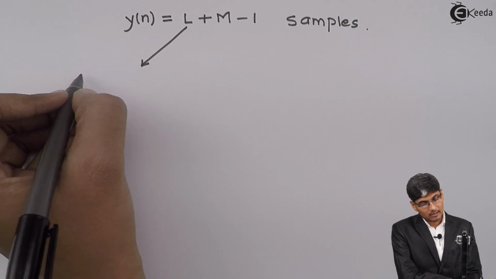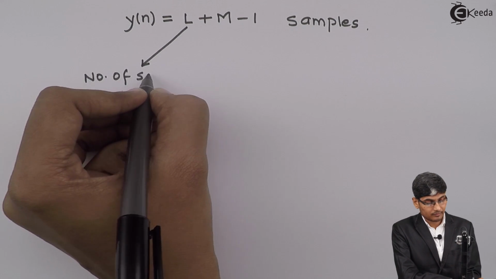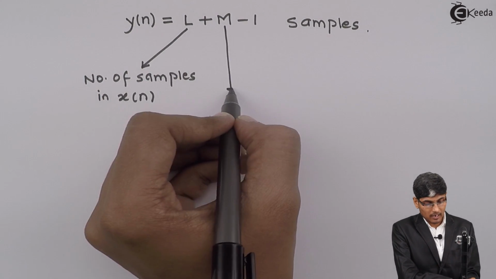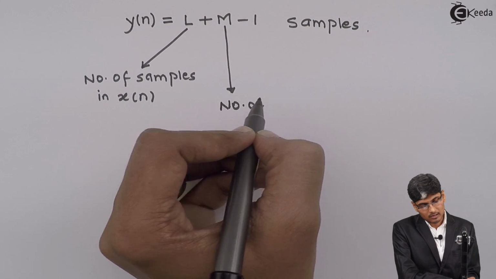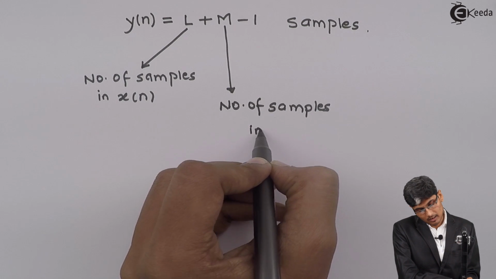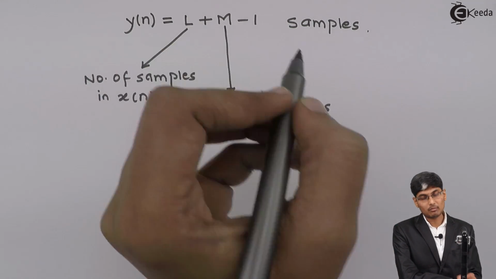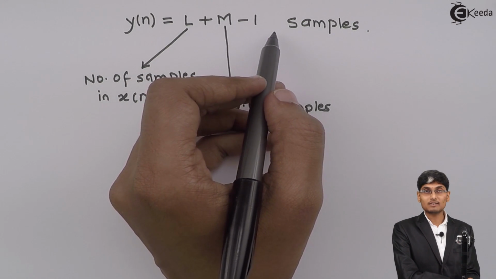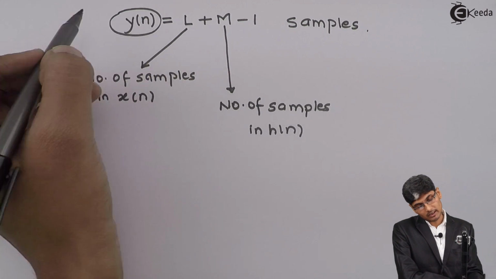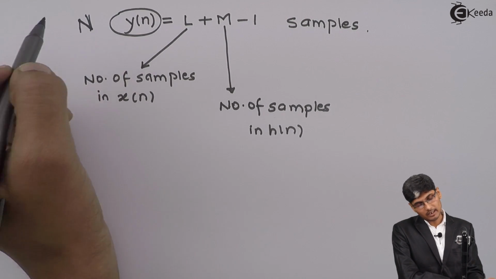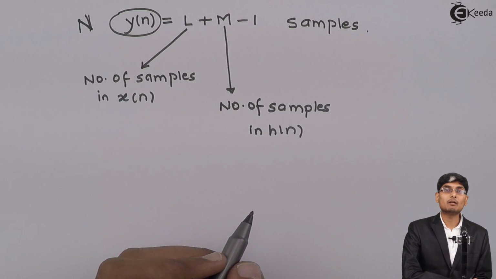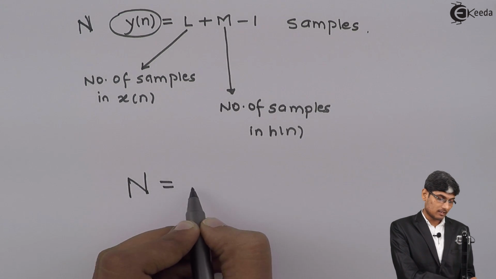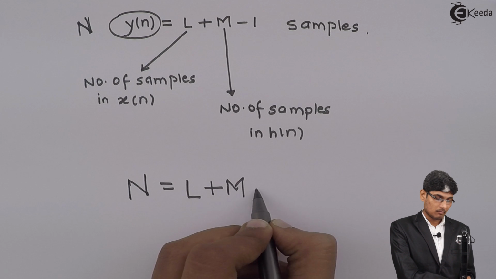Where L is the number of samples in x of n, M is the number of samples in h of n, and minus 1. So y of n will have L plus M minus 1 samples, where this number we normally denote by capital N. Capital N is the number of samples in y of n. So the formula comes as N is equal to L plus M minus 1.